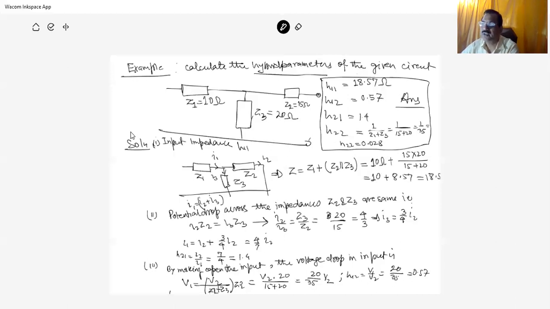So this is all about the hybrid parameters in common base and related parts.